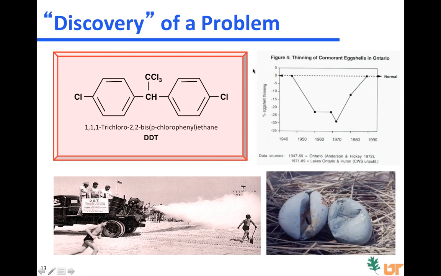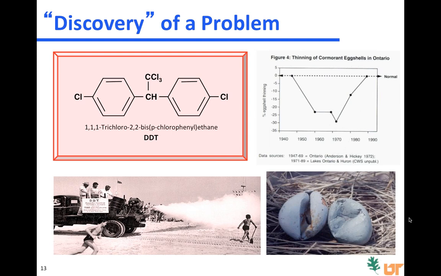Now, people then recognized that there may be problems associated with the use of DDT. And that's shown in the right-hand side of the slide. In the graph on the top, people measured the thickness of eggshells from predatory birds.